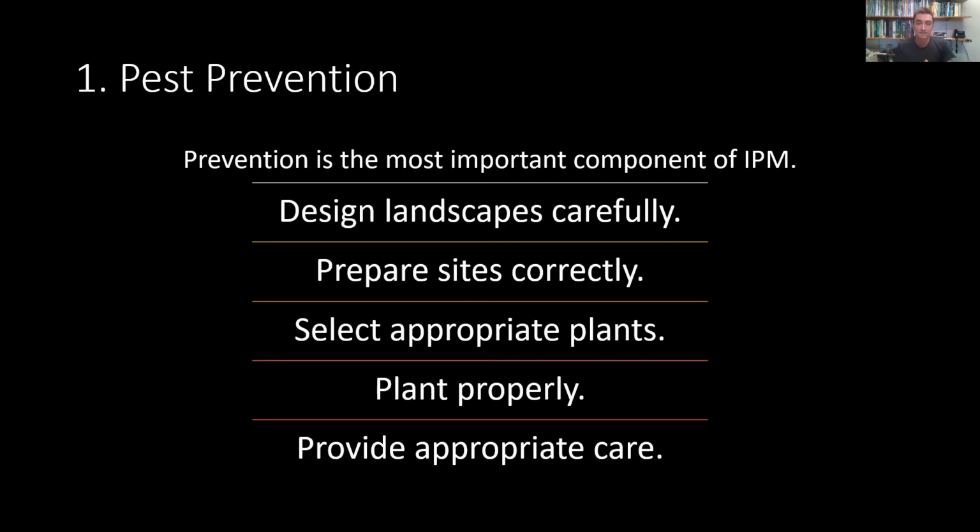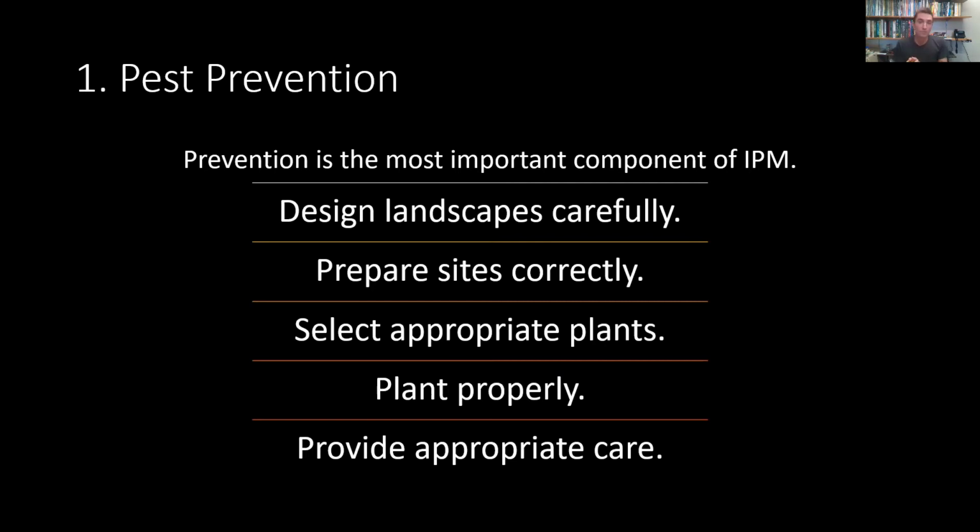So plant selection becomes an important element to prevention. Putting the plants into the ground is an opportunity to have potential success or potential failure. And if we don't plant properly, then we will be setting our plants up to struggle throughout their life cycle.